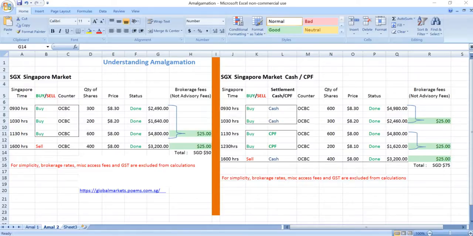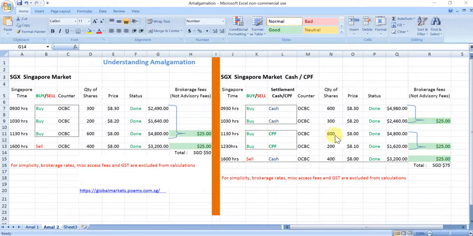On the right column, consider an investor who placed 2 transactions to buy OCBC shares in cash, and then subsequently he intends to use his CPF ordinary account to buy some OCBC shares. So he placed the 2 trades at 2 different timings.